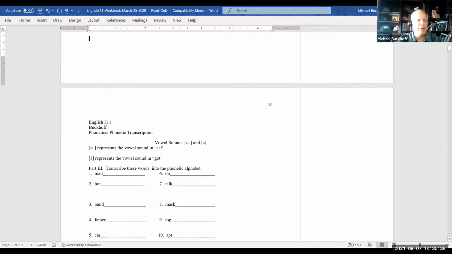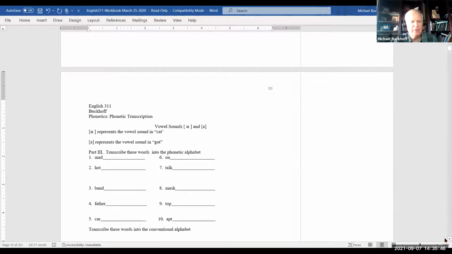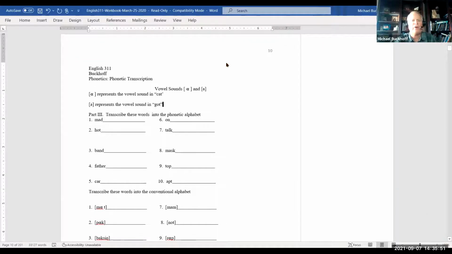Okay, let's focus on part 3 here. My touch screen is not working right now. Maybe that's a good thing because when my touch screen works, I get a lot of problems. Let me make this a little bit bigger.